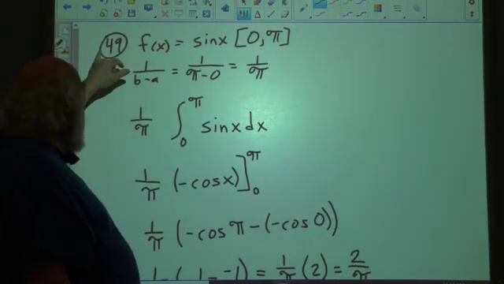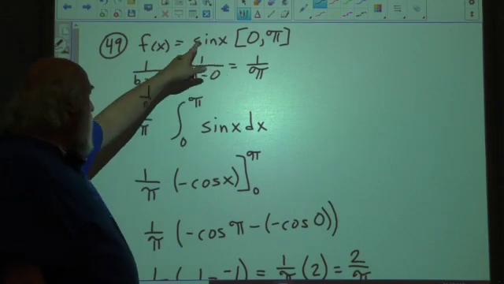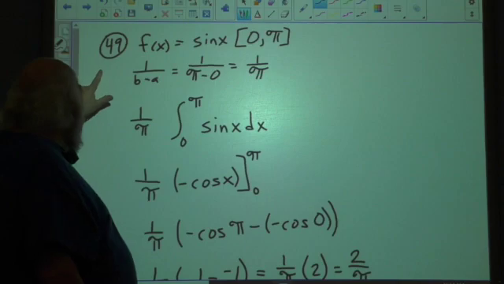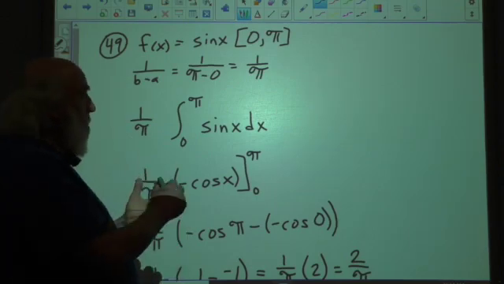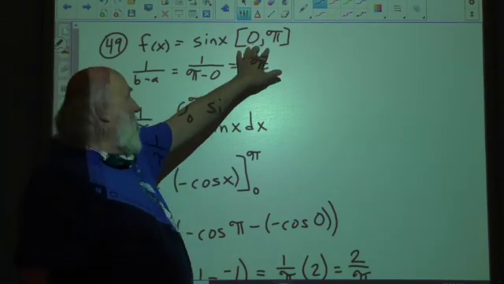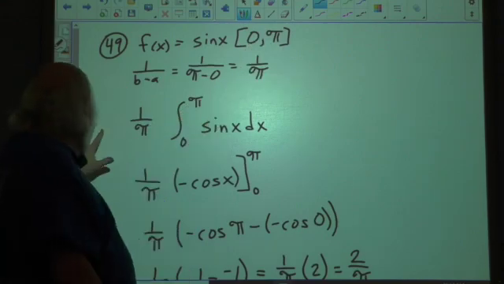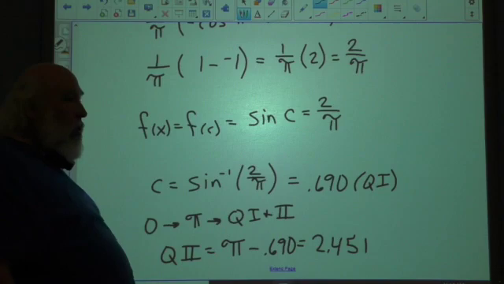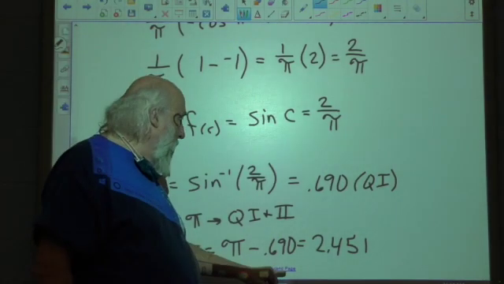We also know, and that's the only other option we have, since the sine is positive in quadrants 1 and 2, and they have to be within 0 and pi, we either have to find a second quadrant function, or if there isn't one, we're just done with that one value.